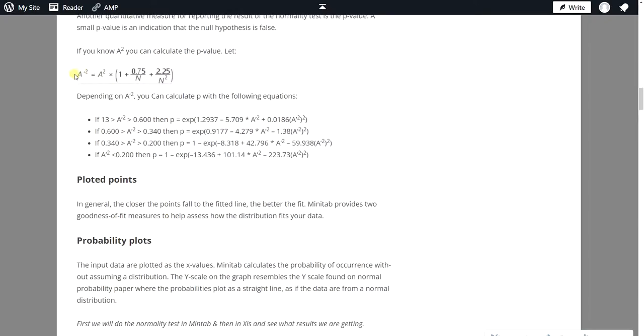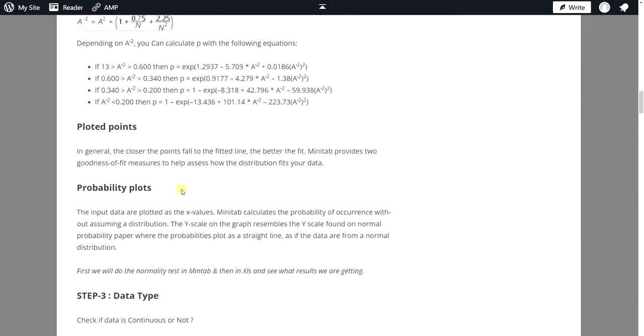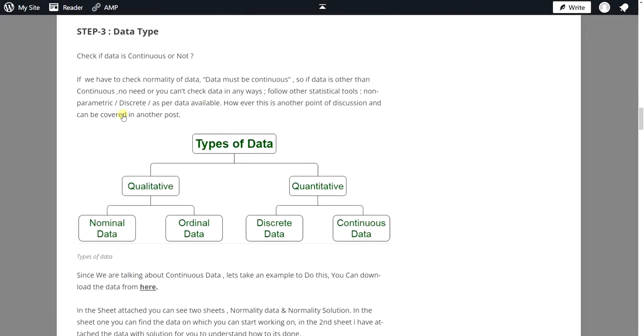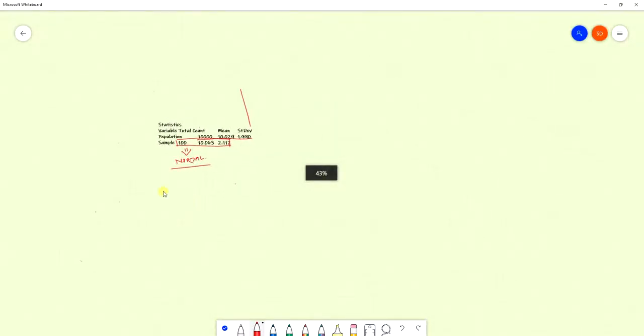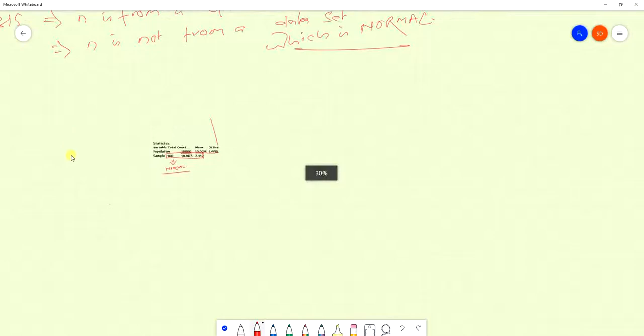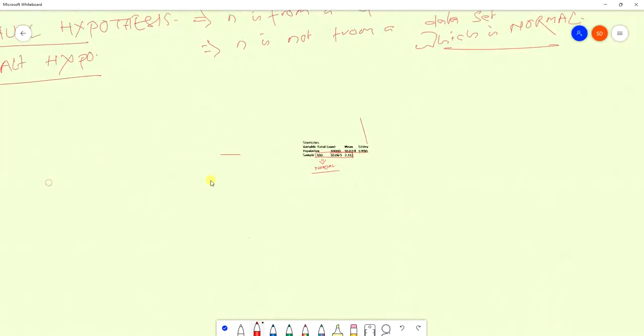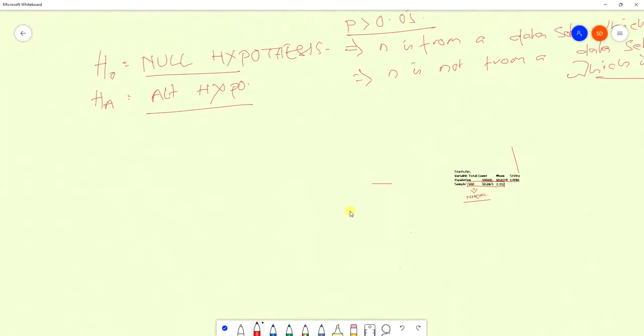So we have understood the formulas at a high level now, and let's try to get into this test. However, before that, you must know that to do a normality test in Lean Six Sigma, there is a pathway. You cannot just start doing a normality test for each and every data set.